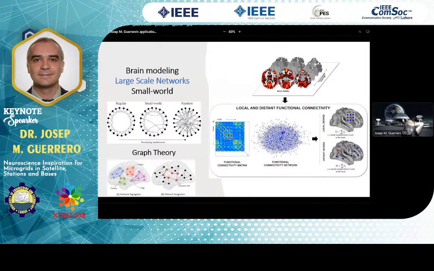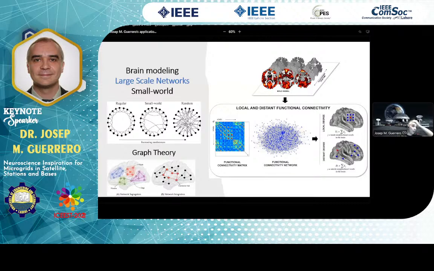Anyway, what is important here is that the way we are modeling the brain today is following large-scale networks, seeing that they work like small worlds locally and like hierarchical networks globally. And this comes also from graph theory.